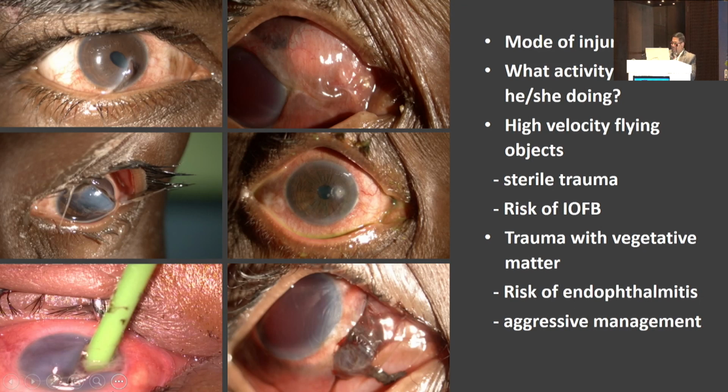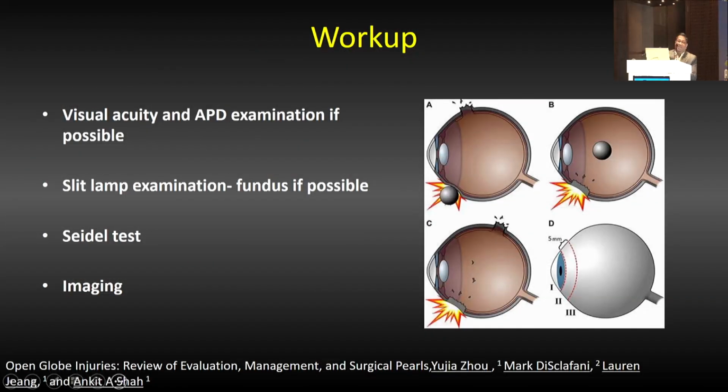Accordingly the management differs, but the main thing is history taking, which you have to really make sure you elicit: the mode of injury, the activity they were doing, the velocity of the projectile object which hit, whether there is any scope of sterile or infective trauma, any risk of retained intraocular foreign body, trauma with vegetable matter, or risk of endophthalmitis where aggressive treatment management is needed in specific cases.